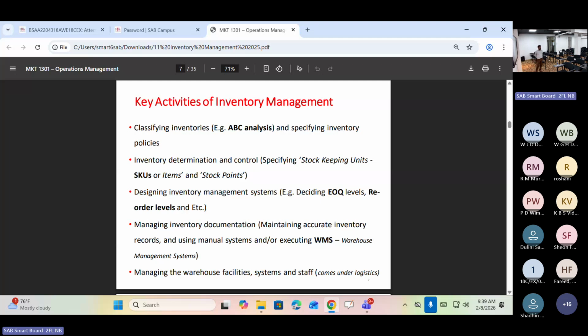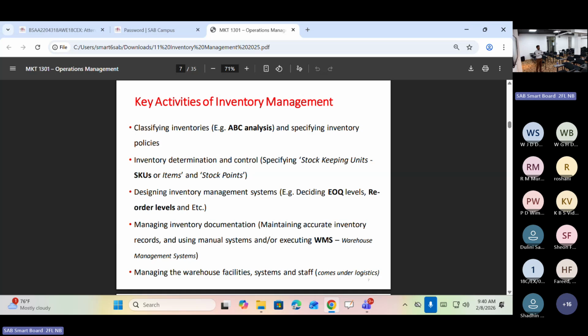Is inventory management relevant for service industries? What do you think? Is inventory management applicable to service industries, service operations? Any answer? Those who are connected online.